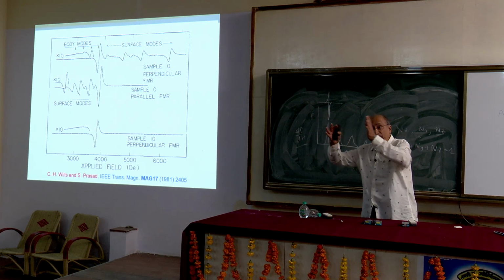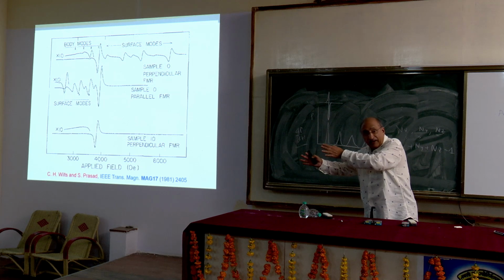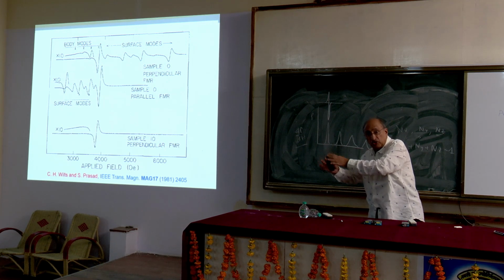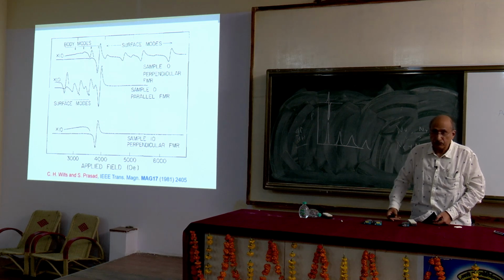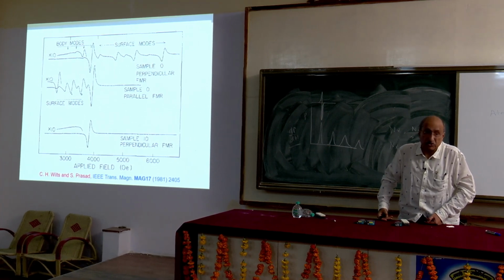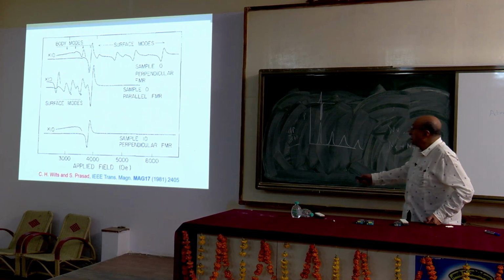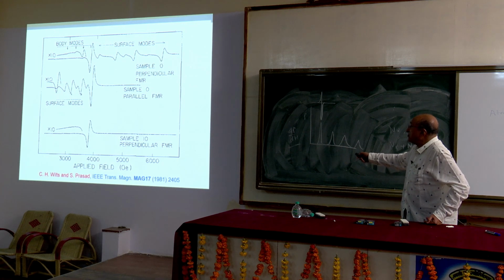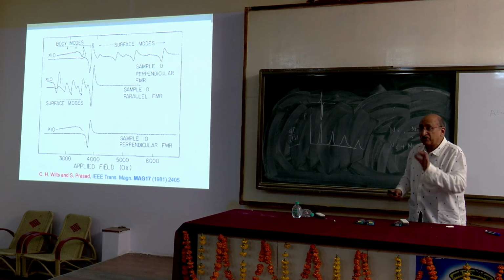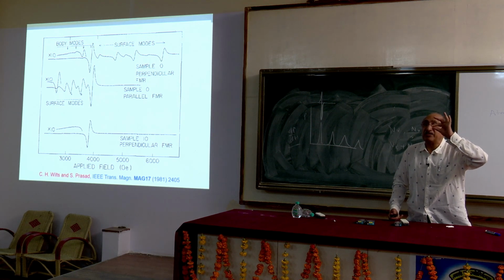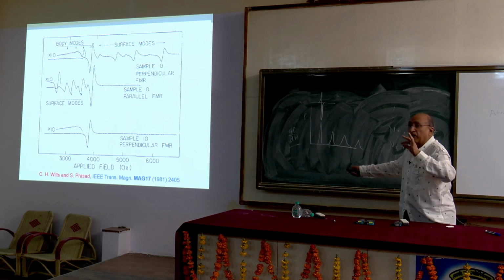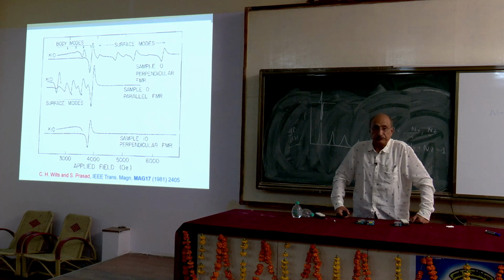Normally perpendicular resonance is at higher field, but in bubble films, perpendicular resonance will be at lower field and parallel resonance at higher field, because HK is much larger in comparison to 4πMs. So this layer, what we call surface modes, is because of the modes in the layer in which anisotropy direction has been changed, and this is what we call bulk modes, body modes.